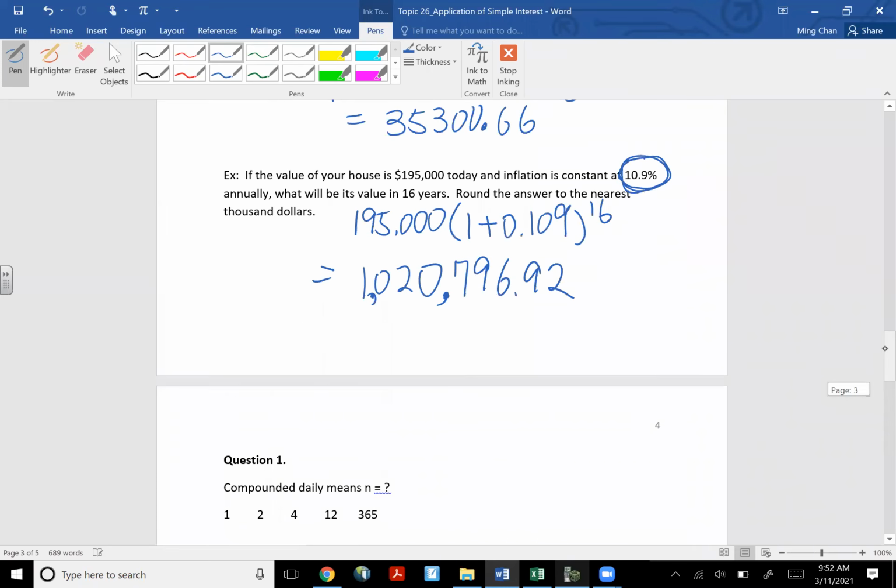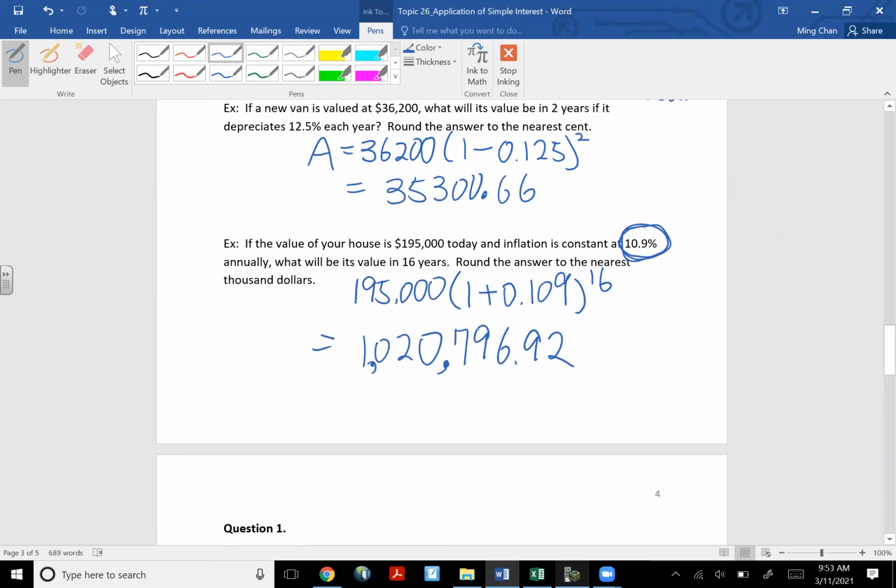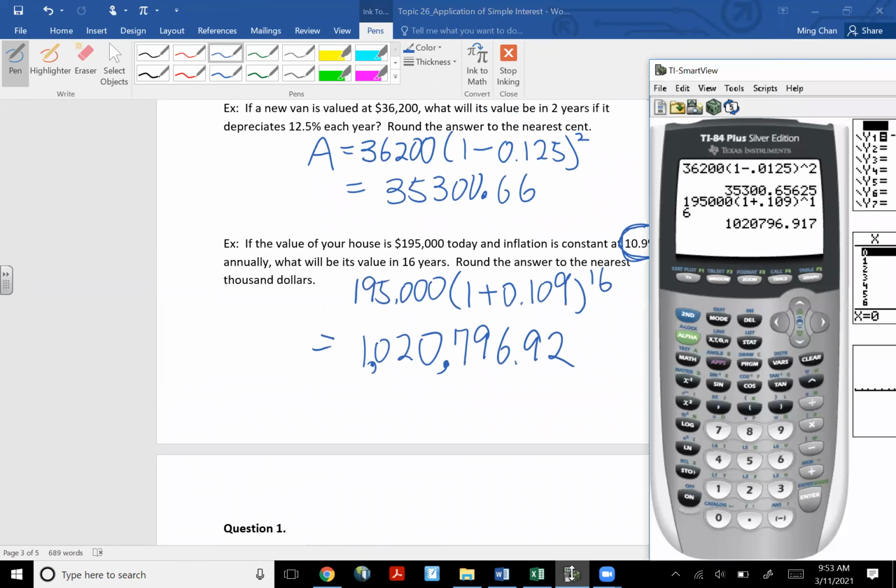All right. So this future inflation problem also applies to the things you buy, the things that you purchase. If I just take off some zeros, maybe a movie ticket is $19 right now, right?